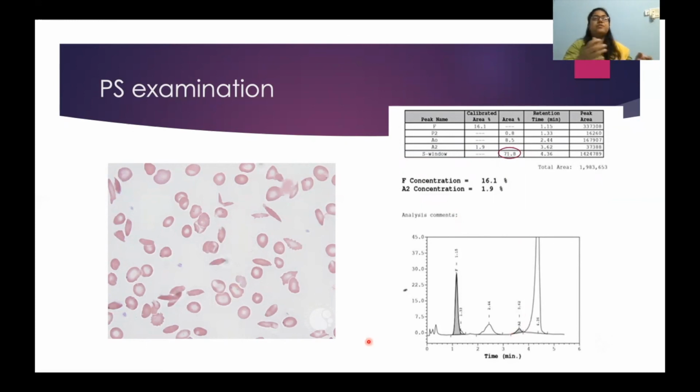Mostly it is preferred that if you are going to anesthetize a patient, we can do an exchange transfusion so as to make the HbS concentration less than 40 to 30%. Okay, so that depends upon the anesthetist if any procedure has to be done.